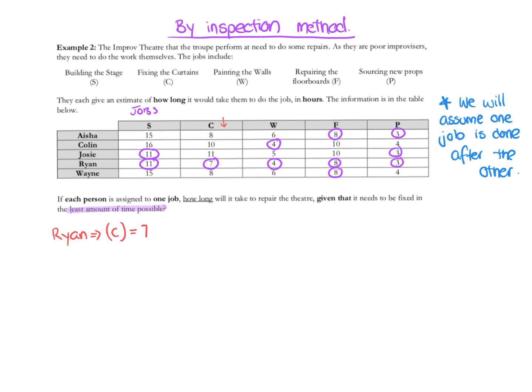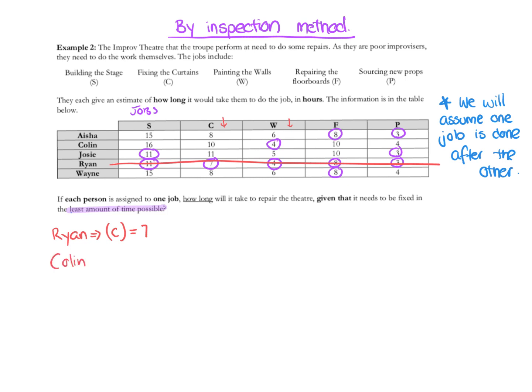All right, so then we cross off Ryan, because we've already allocated him a job. Then you have a look down. Can you see I've only got one person now on W, because Ryan's now got a job. So I might as well give the W job to who? Colin.